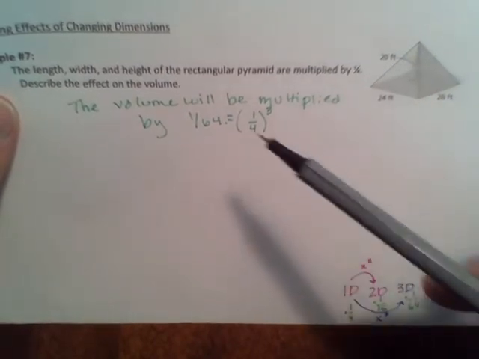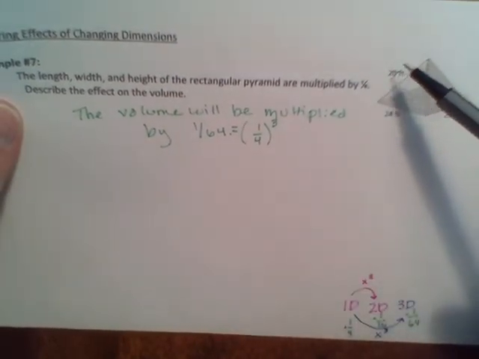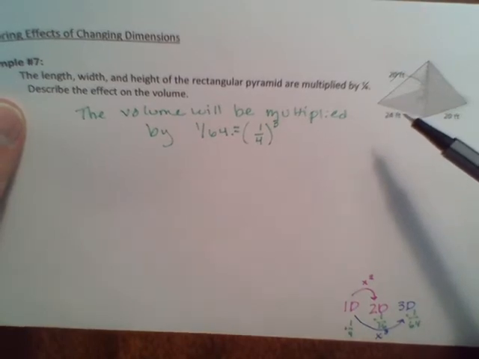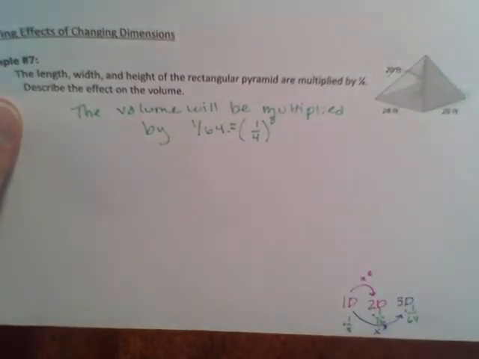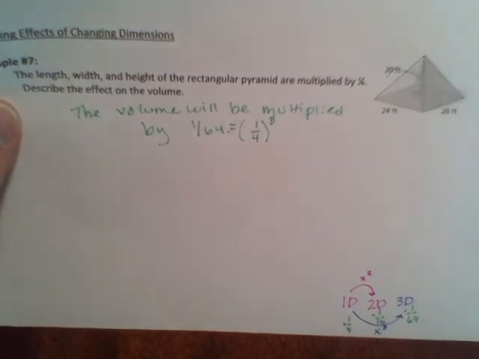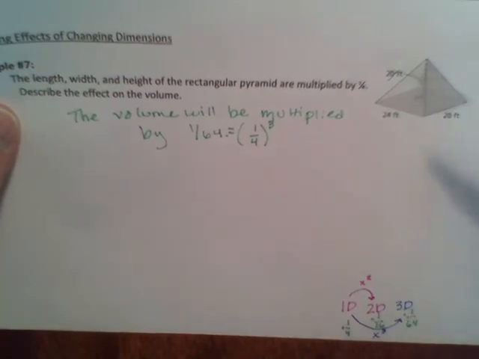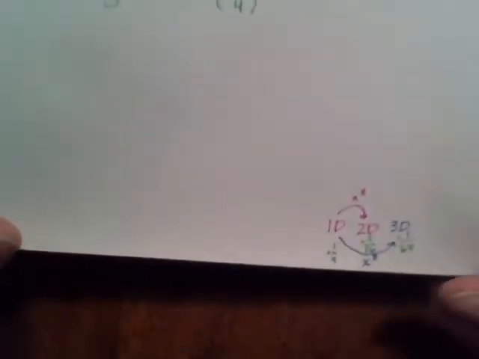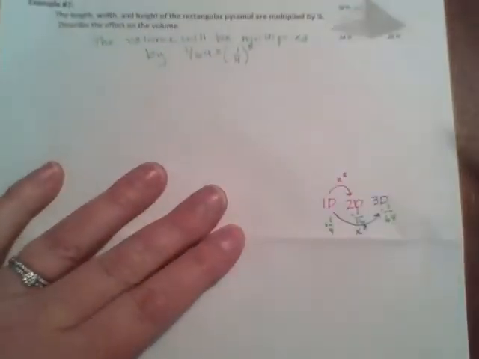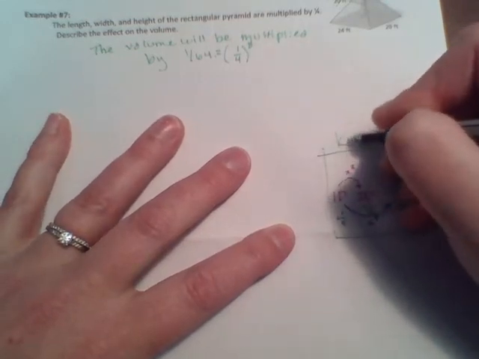And then you would see that if you divided it by 64, you'd get what happens if you make this 5 and what's 1/4 of 24, a 6, and then a 5. So if you made each of those 5, 5, and 6, you would get 1/64 of the original volume. All right, again, this is a very key concept here of how to switch from one dimension to the next.